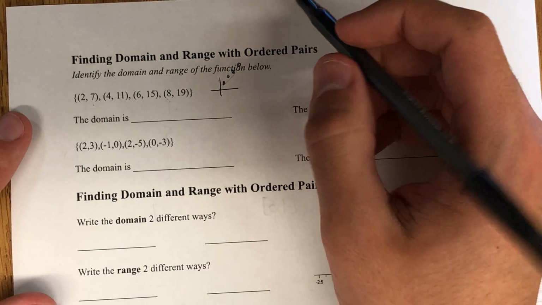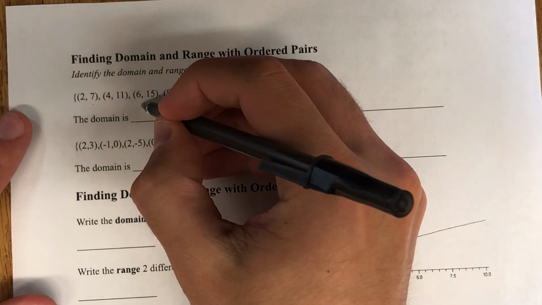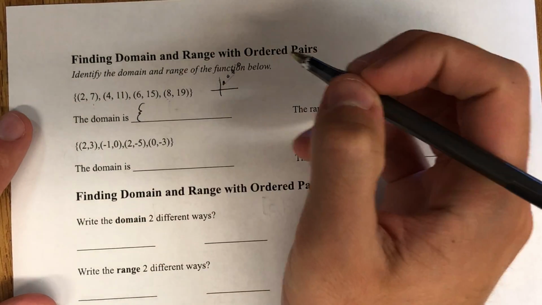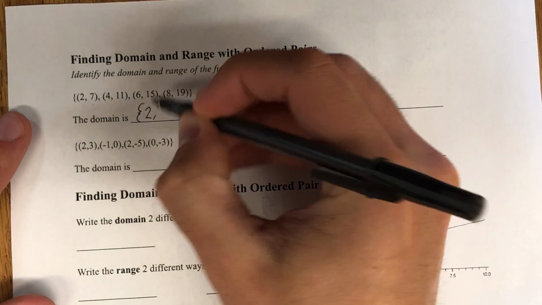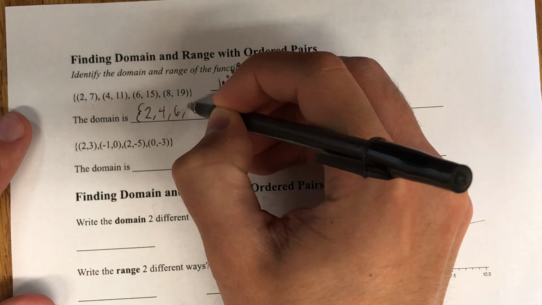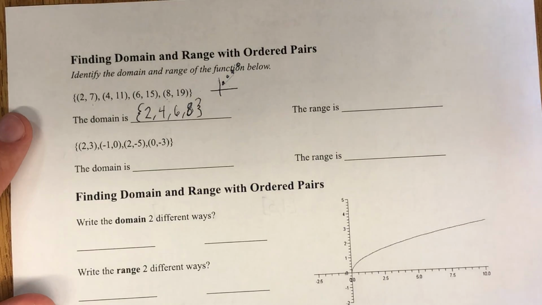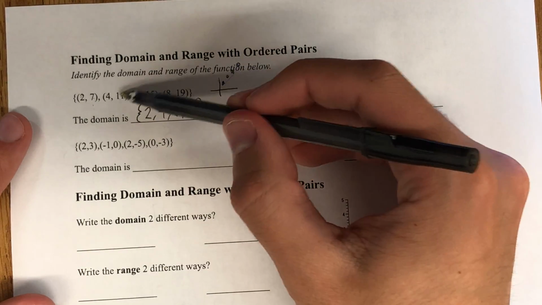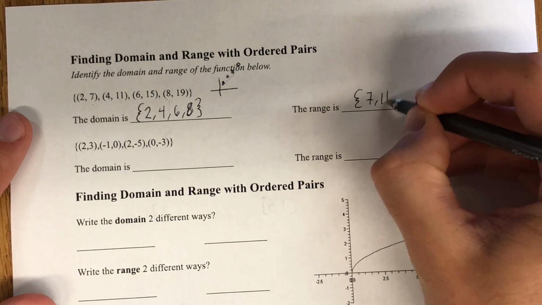But our domain, or all possible x values, would only be those x values of those 4 points. So the way that we write that is we use curly brackets, and it would just include our set of all of our possible x values. Same with the range. It would just include a set of all of our possible y values.